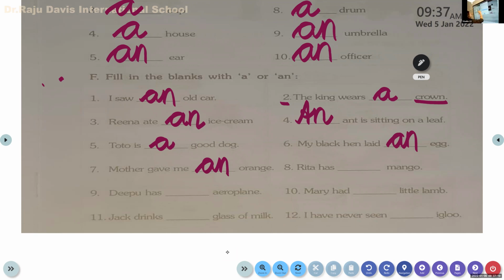Gayatri, come on, unmute it and do the next question for me. Eighth question. Rita has dash mango. So what do you have to write there? Okay. Rita has a mango. Very good.